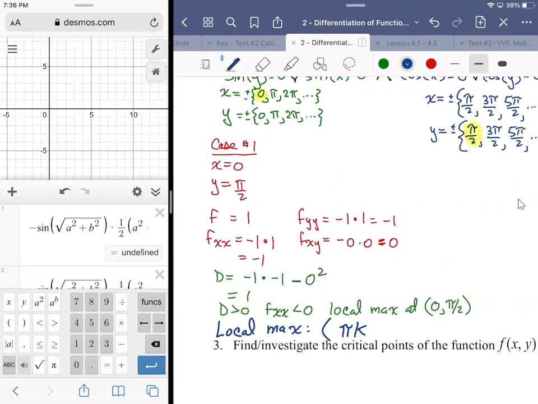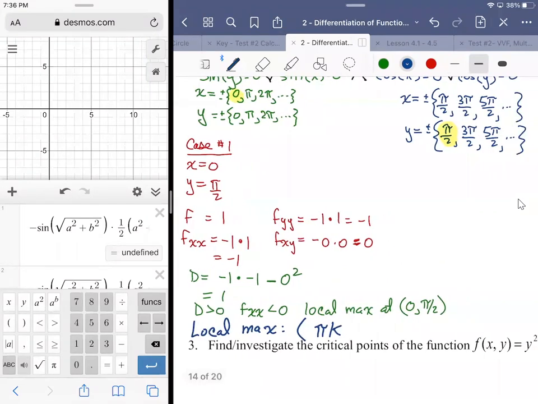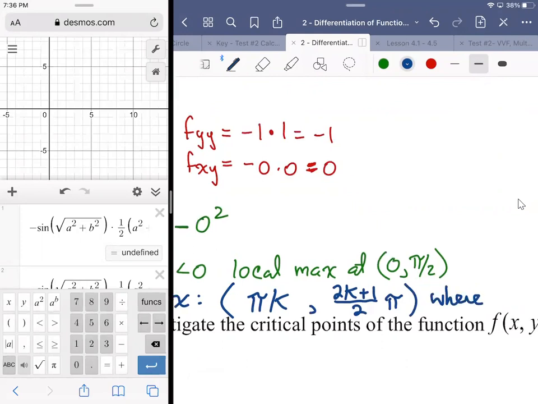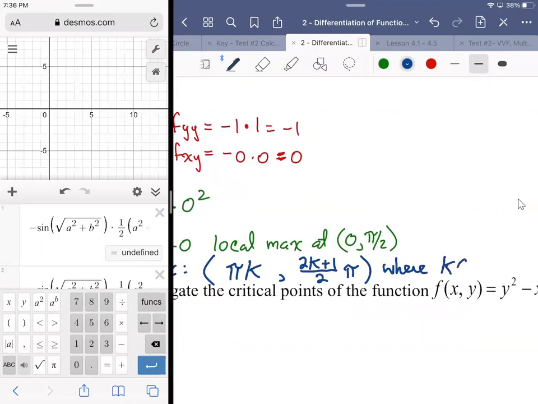We could do that a couple of ways. The way that we had been doing it was to establish an odd number, so that would be 2k plus 1, and then we multiply that by pi over 2. So put this over a 2, slap a pi at the end, where k belongs to the set of integers.